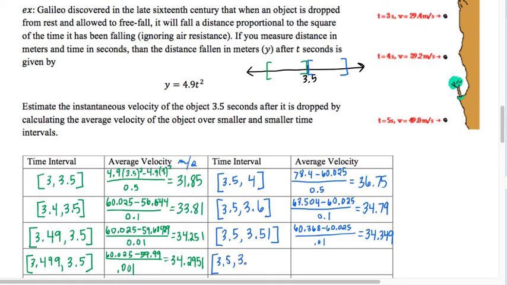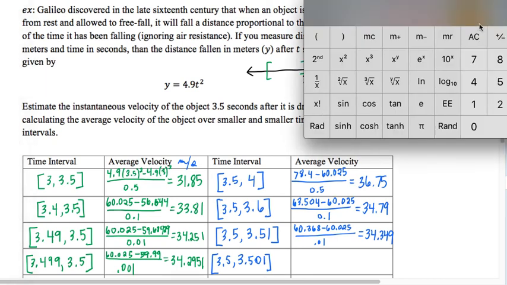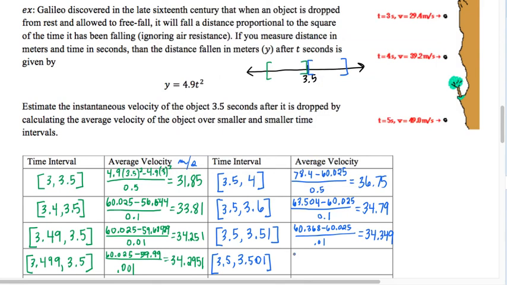Let's go from 3.5 seconds to 3.501 seconds, and we're going to calculate the average velocity over that 1,000th of a second that elapses. So we need to plug in 3.501. So 3.501 squared times 4.9 gives me 60.059 roughly. 60.059.